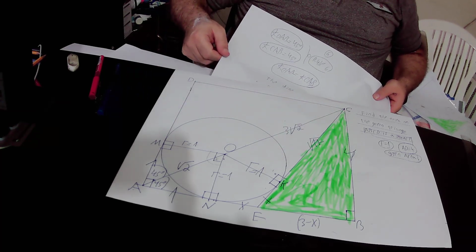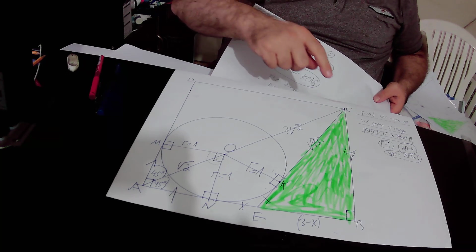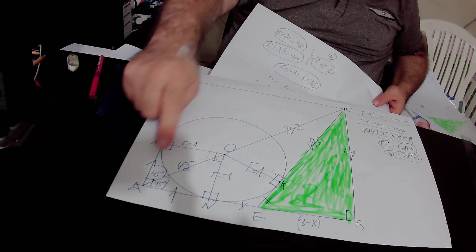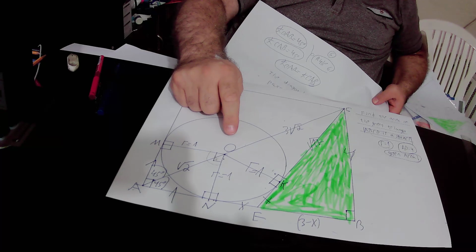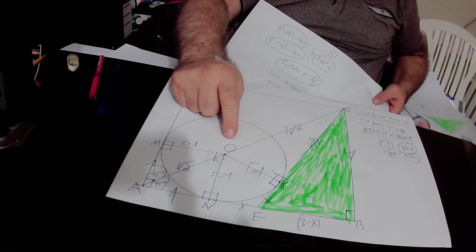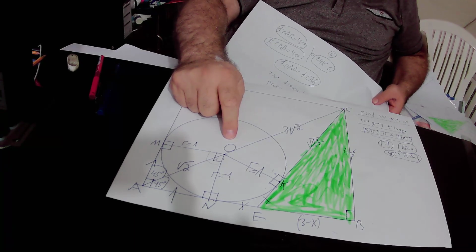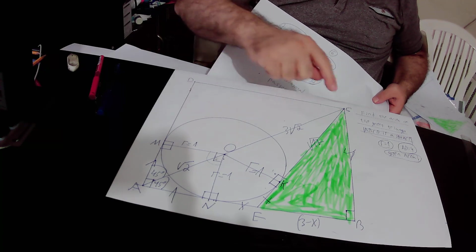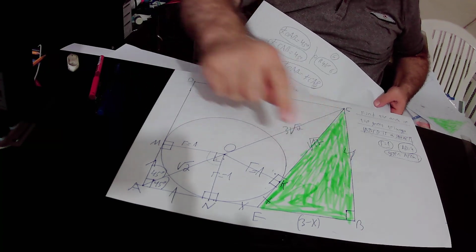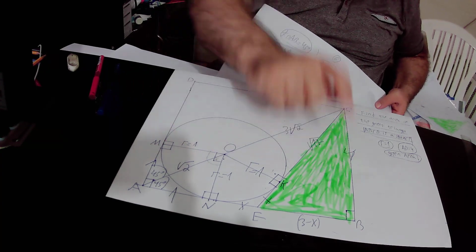Therefore, the diagonal CA must pass through point O. Otherwise, angle CAB will never be equal to angle OAB.